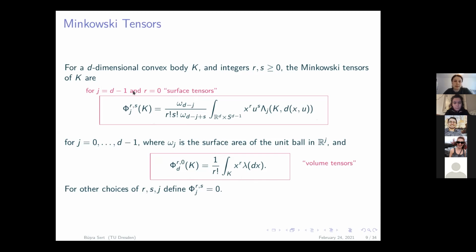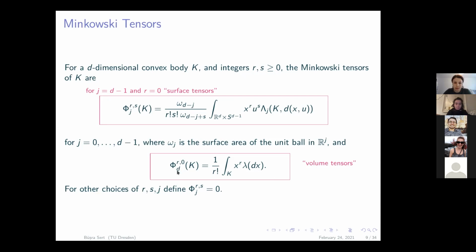But in this talk and in our work, we don't only call those tensors surface tensors, but when j equals d minus 1, for other values of r and s, we still call them surface tensors. One thing I want to mention is that when we fix j, for example in the case of polytopes, it tells us which dimensional faces we want to consider.